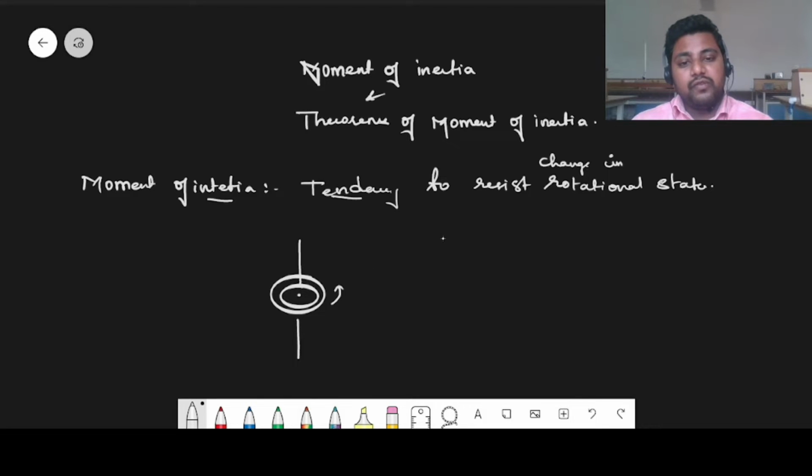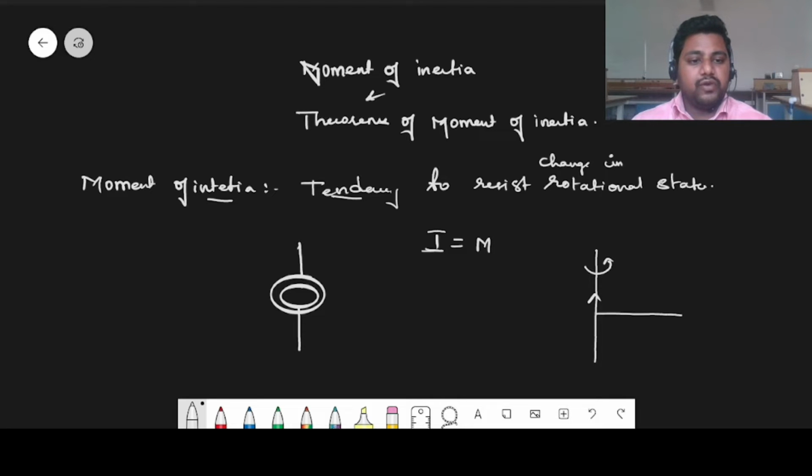And the moment of inertia, we represent it with the letter I, will be given as follows. If m is the mass of the object and r is the distance, let's say we are taking an example of one small object from the axis. This is your axis of rotation.